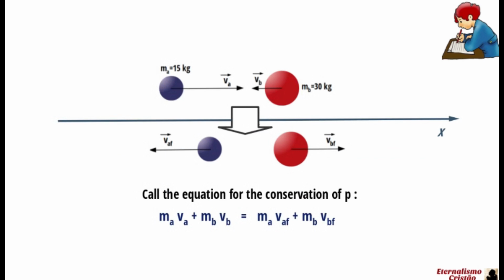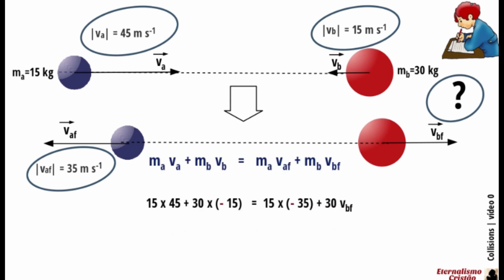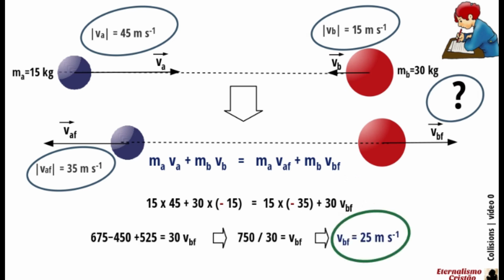Call the equation for the conservation of P. Insert no values, care for the algebraic signal, masses are always positive. Got it?